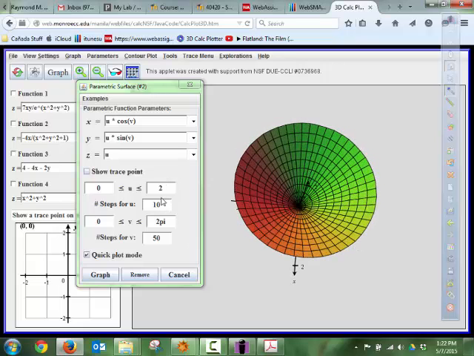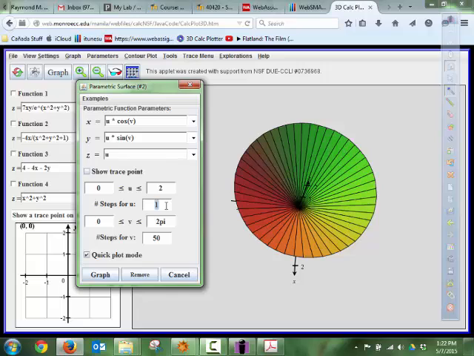And the steps for u, what do you think is going to happen there? What if we take 1? Because u is just a radial distance, and because this is a cone, it goes from one point to the other kind of as a straight line. There's no curves in the middle. It's just a cone, so that's all it's looking for, and that's exactly what you would get. If you start adding more numbers here, you'll see how it's going to start splitting up. 2, 3.